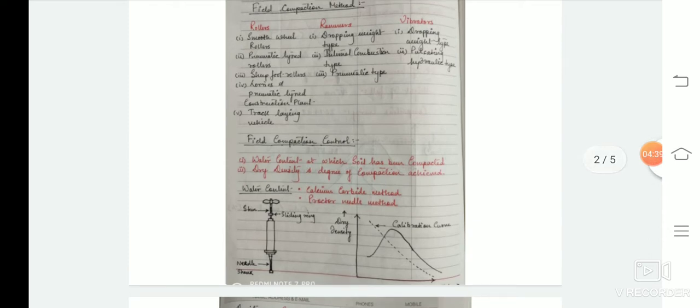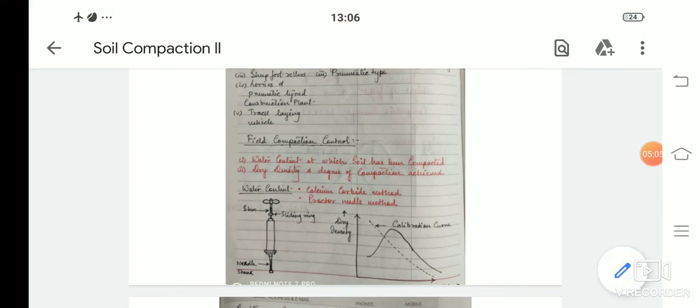So what are the uses of these equipments in the field? The performance of any kind of compacting equipment depends upon the type of soil, its particle size distribution and its water content. In general, smooth wheel rollers are mostly suited to crushed rock, hardcore, mechanically stable gravels and sand.